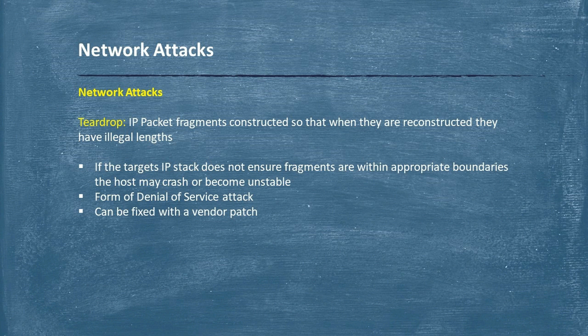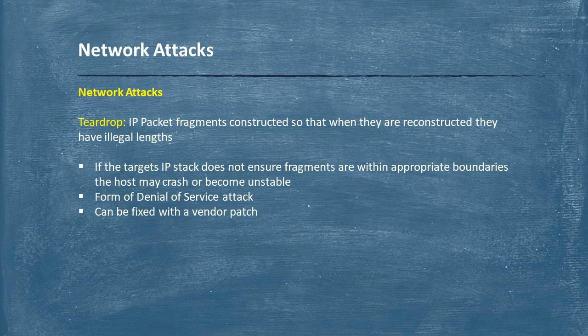Teardrop is another attack. Here in the pictorial form, it is very clear. The IP packet segments are constructed so that when they are reconstructed, they have illegal lengths. Normally the length here is 1500 bytes, but when it was reconstructed, it became 1900 bytes. So what happens? This may crash the system.